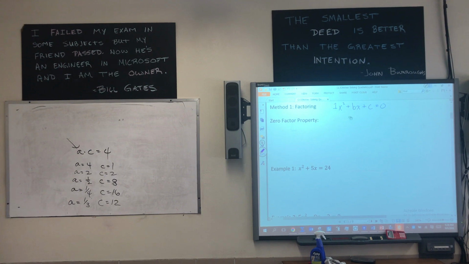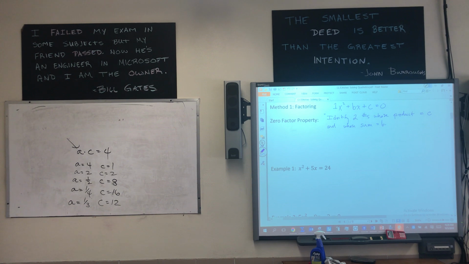You guys use the phrase: identify two numbers whose product equals c and whose sum equals b. Would you guys agree with that phrase? That's what we say all the time. Find two numbers that multiply to give me c and add up to give me b.